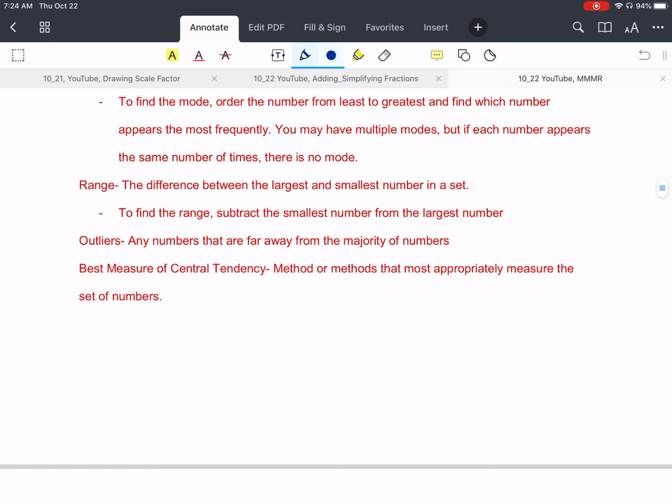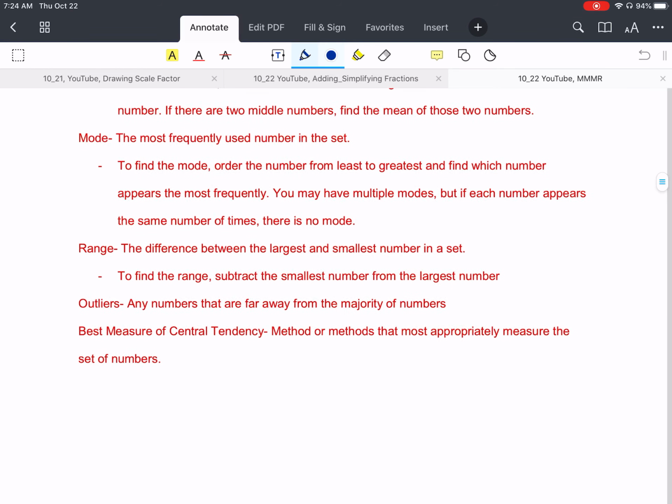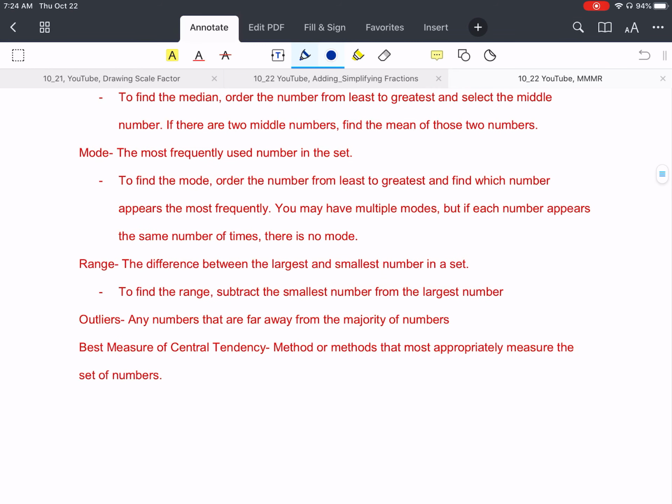So that would be the method or methods that most appropriately measure the set of numbers. So if you are given a set of numbers, sometimes there is a better method to use. Maybe it's most appropriate to find the mean. Maybe it's most appropriate to find the mode. Maybe it's most appropriate to find the median.